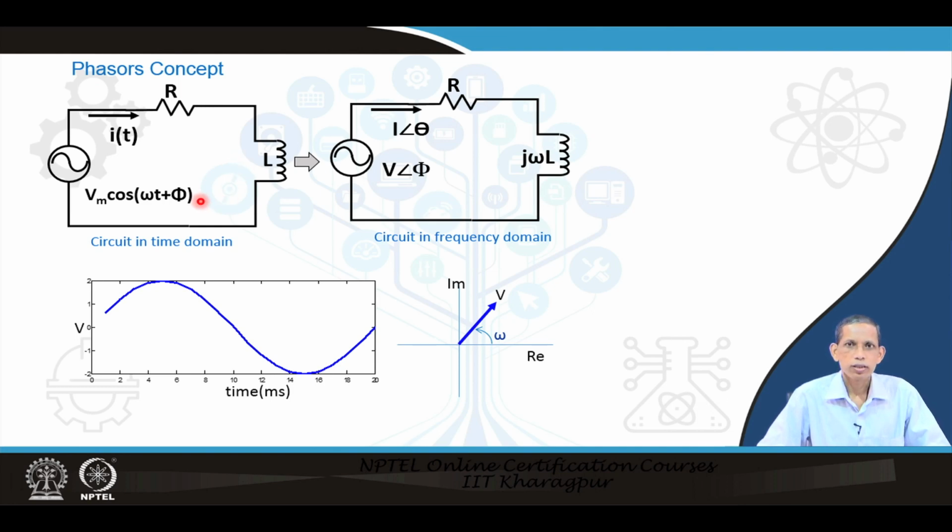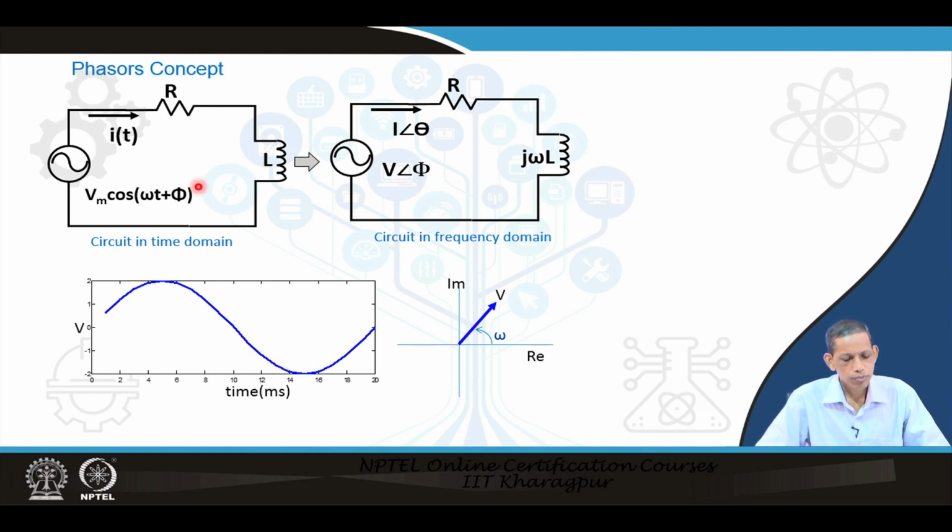To analyze this in a steady state, we transform the circuit to the frequency domain, where you can write the corresponding R and the reactance parts j omega L. Then we represent the corresponding sine or cosine voltage as phasors, V with an angle of phi, and V upon the corresponding impedance in terms of R plus j omega L, we find the I. So, this I becomes a phasor having certain angle based on this voltage angle and the corresponding impedance angle.